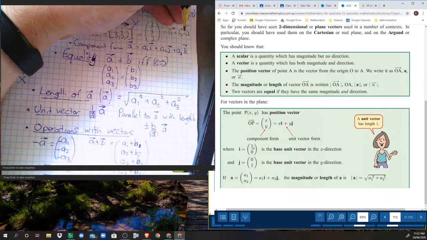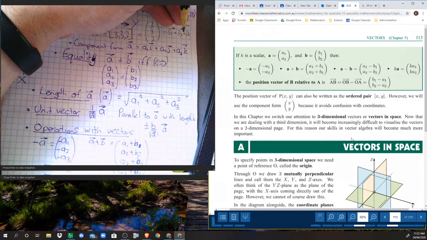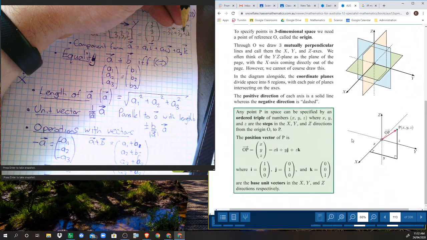So imagine instead of just 1, 0, it's 1, 0, 0, and j would be 0, 1, 0, and finally k would be 0, 0, 1. I think that is described later on. All right. There we are. Okay, yep, there we are. So OP, represented as (x, y, z), is xi, yj, zk, where i is (1, 0, 0), j is (0, 1, 0), and k is (0, 0, 1).